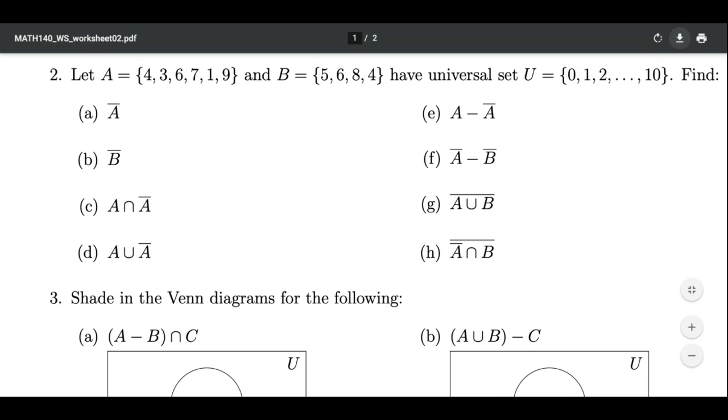Let's try to figure out A complement. Okay, Amy, what's your A complement? Oh, F. We're talking about F now. So we need to find A complement, then we need to find B complement.